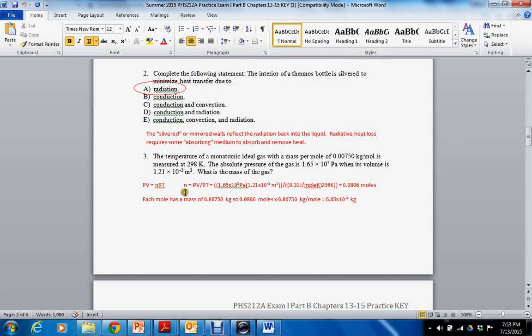So n, the number of moles, is PV over RT. PV, given that, over R, the physics R is 8.31 joules per mole Kelvin, times 298 K. So we have 0.0806 moles. Each mole has a mass of 0.0075 kilograms. So multiply those numbers together and we get 6.05 times 10 to the negative 4th kilograms.